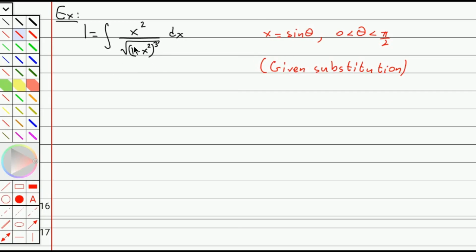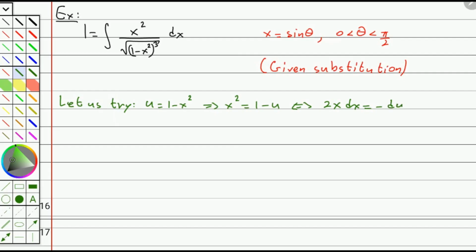Indeed, let's try to substitute the function underneath the square root. So let us try. u equals 1 minus x squared. So x squared is 1 minus u. And so 2x dx equals minus du. So let's go ahead and substitute on the integral. I is equal to the integral.